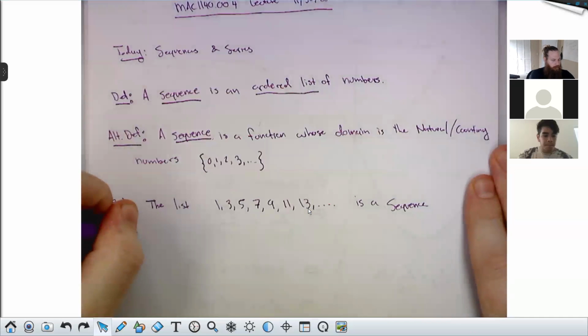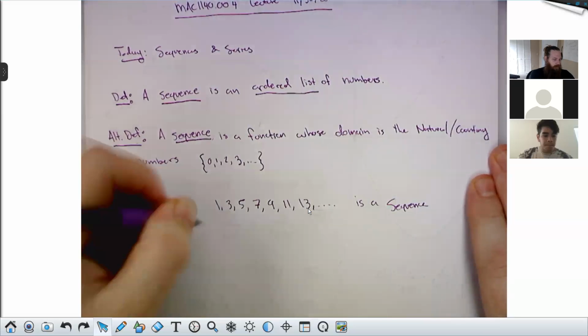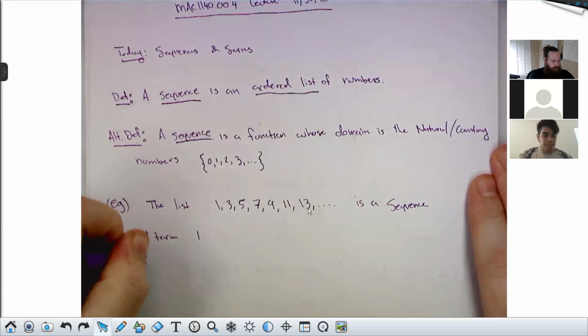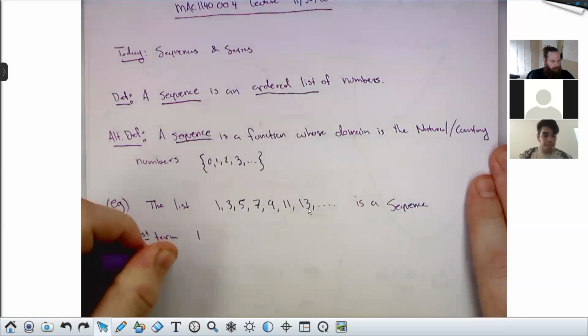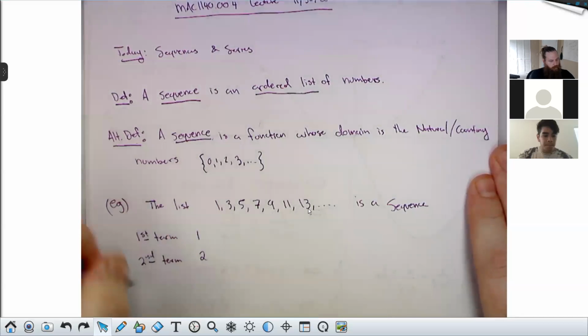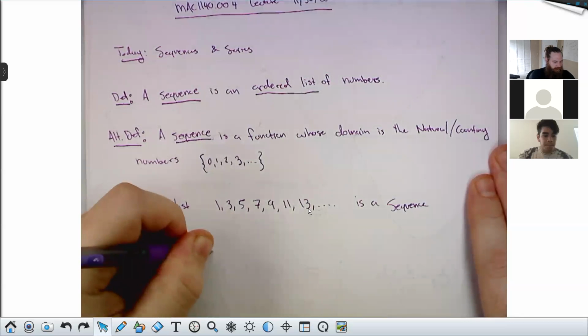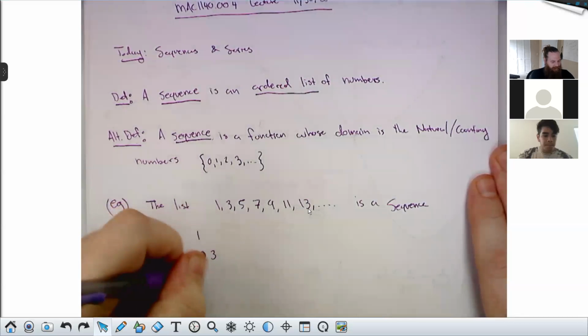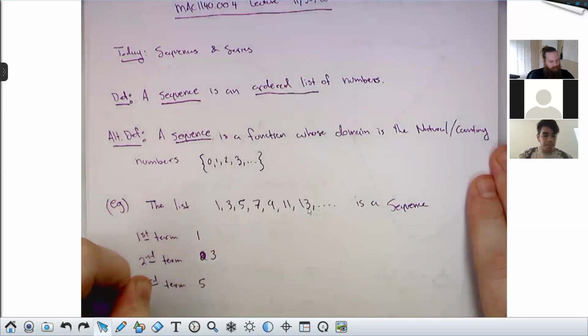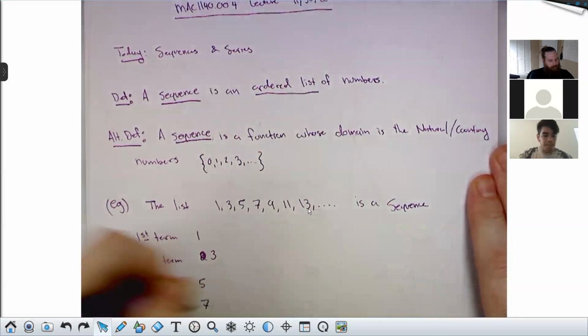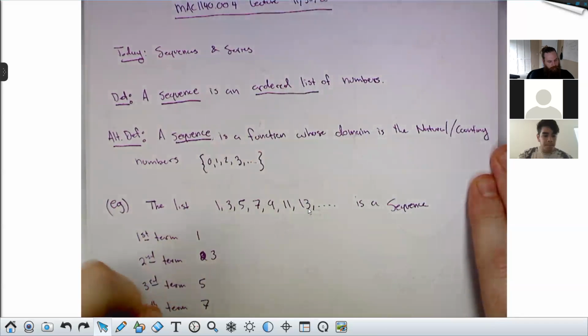The first term is 1. The second term is 3. The third term is 5. The fourth term is 7, and so on, right?